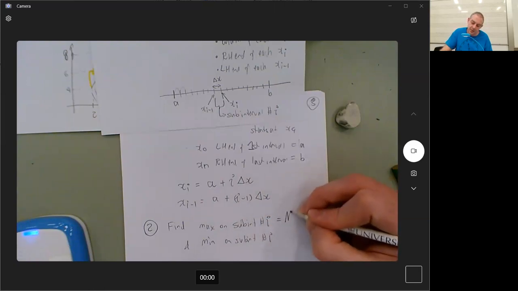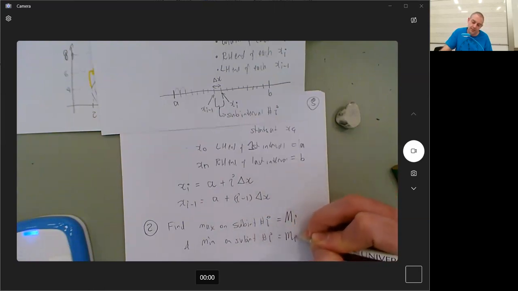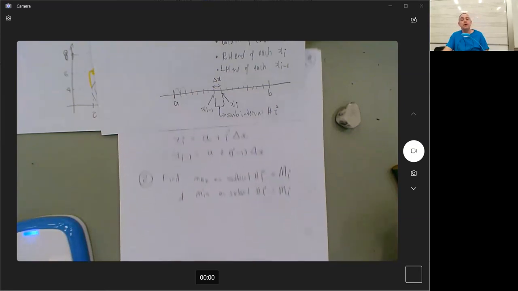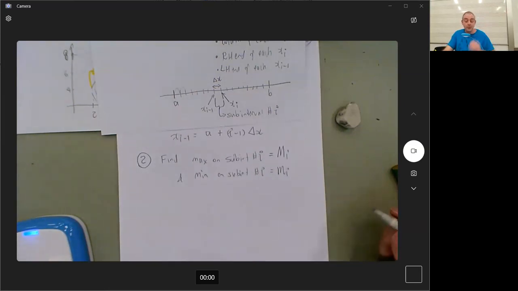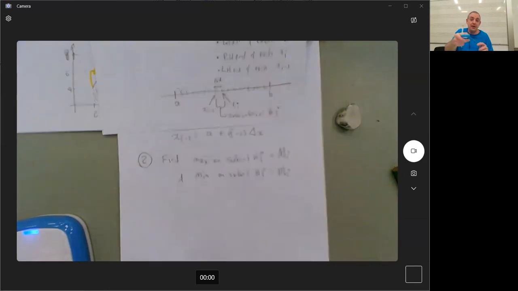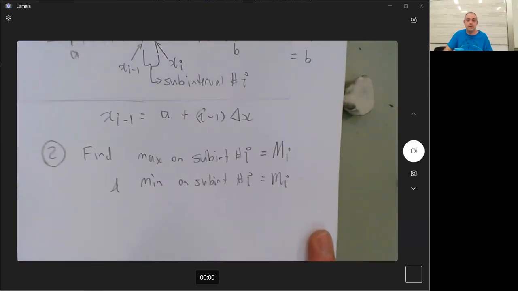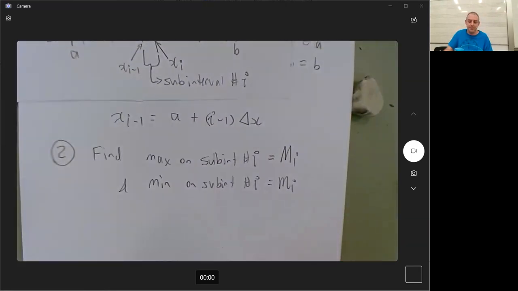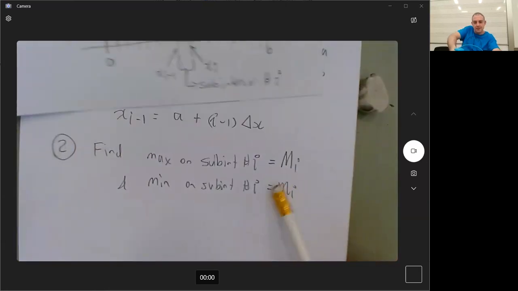This is called capital Mi, and this is called little mi. Here we are on interval number i.